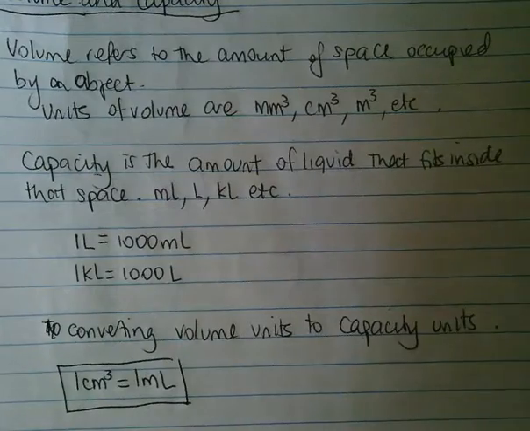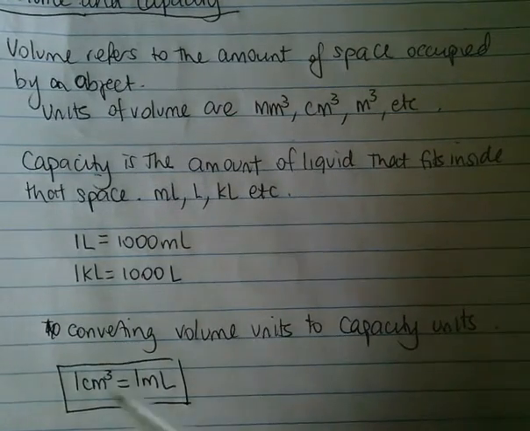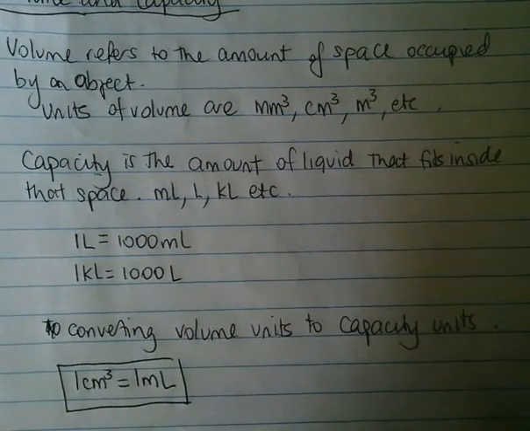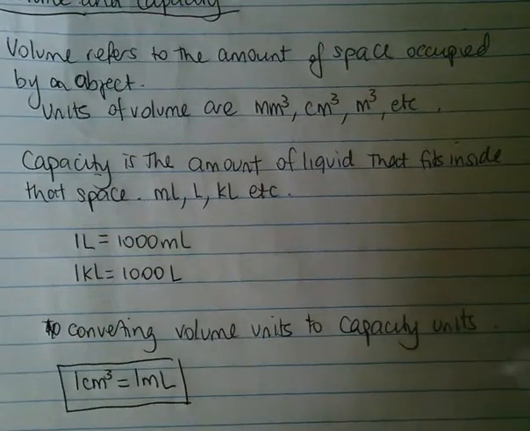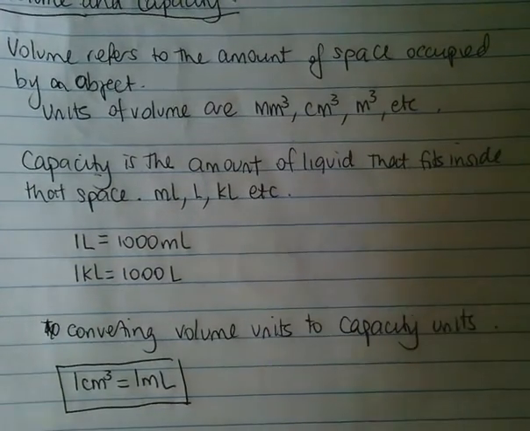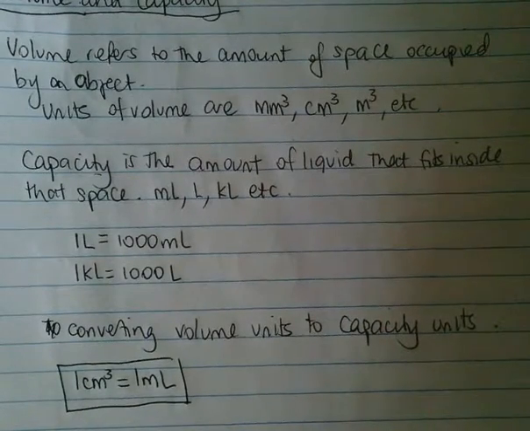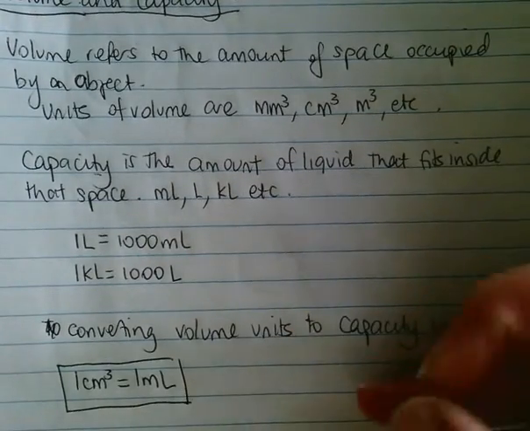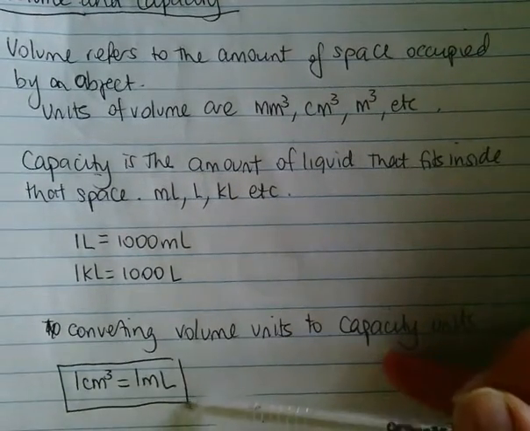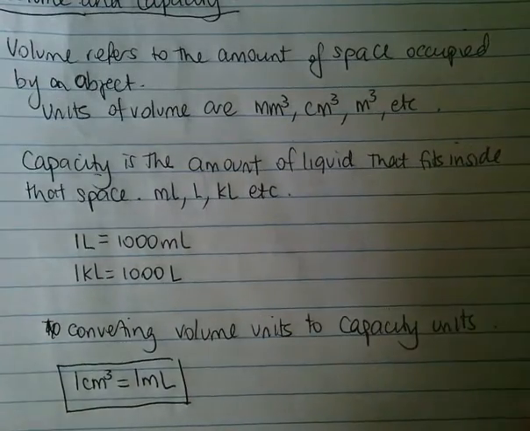So they're both fairly small spaces. So 1 centimetre cubed, inside that space, you can fit 1 mil of water. Okay, that's the first conversion. So if your answer is in centimetres cubed, you can easily convert it to mils. So if you've got 100 centimetres cubed, it means you've got 100 mils, because 1 centimetre cubed is a mil.